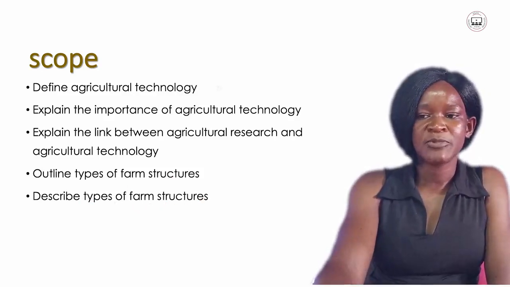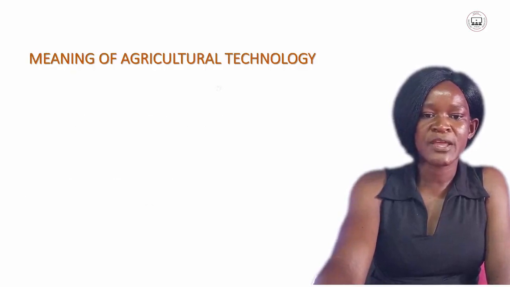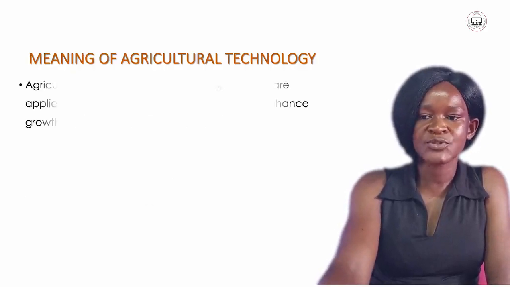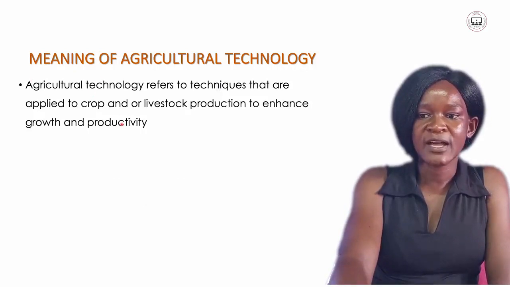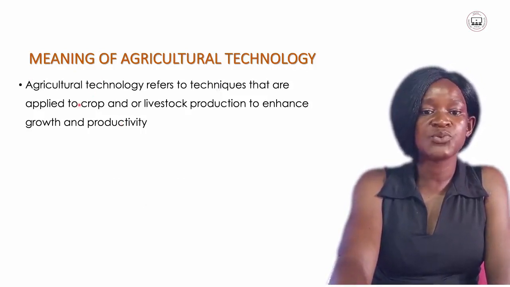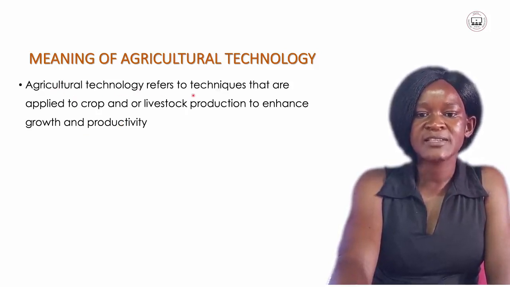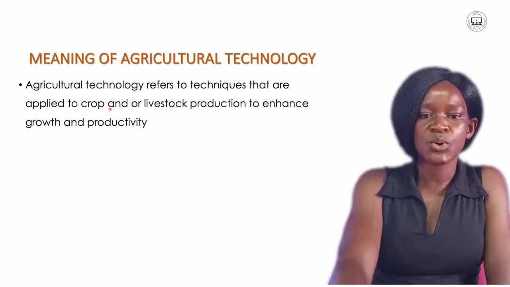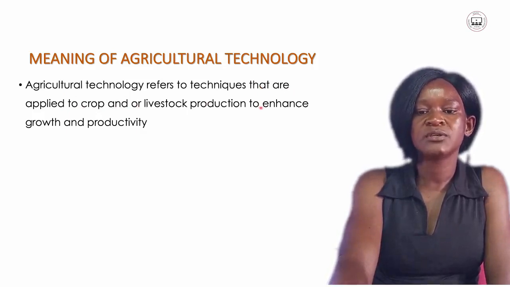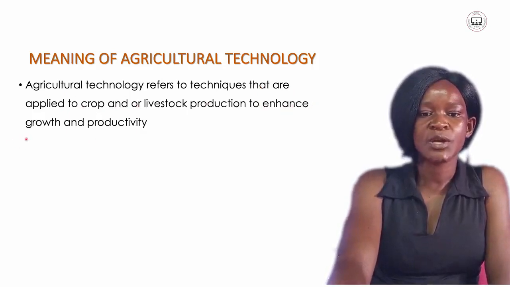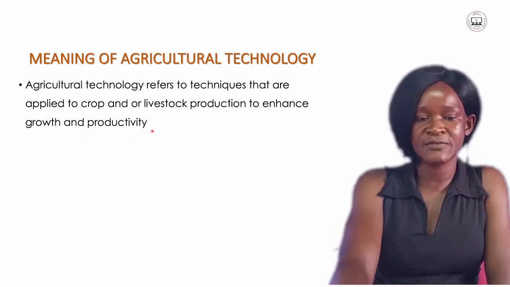Without wasting time, let us look at the meaning of agricultural technology. We can define agricultural technology in 2 ways. First, we can define agricultural technology as techniques that are applied to crop and or livestock production to enhance growth and productivity.